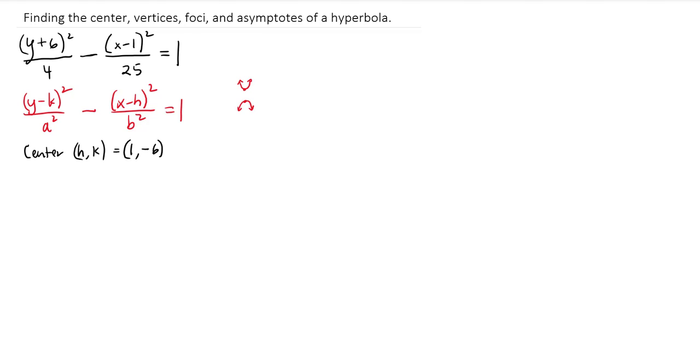And because it's opening up and down, we can identify our vertices by going up and down 2 units from the center. So that means our vertices must be what?